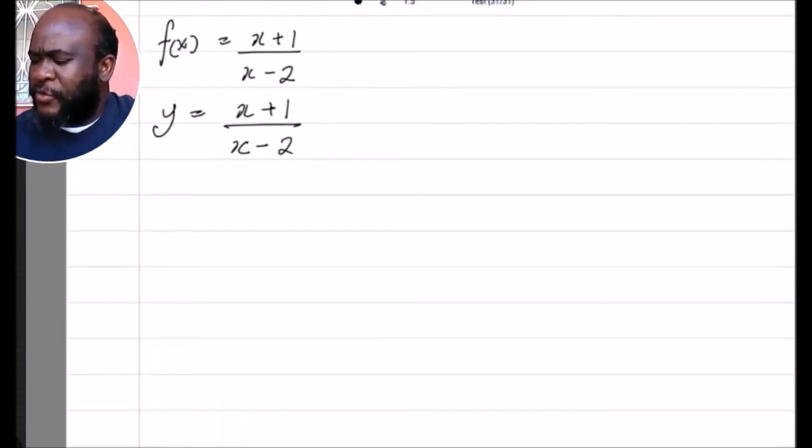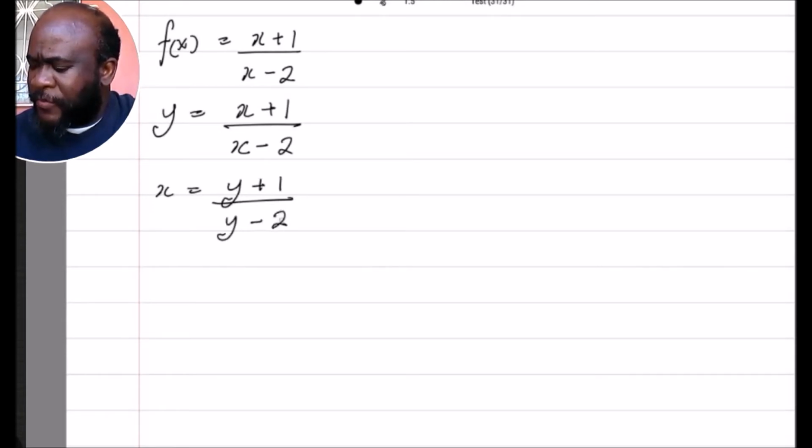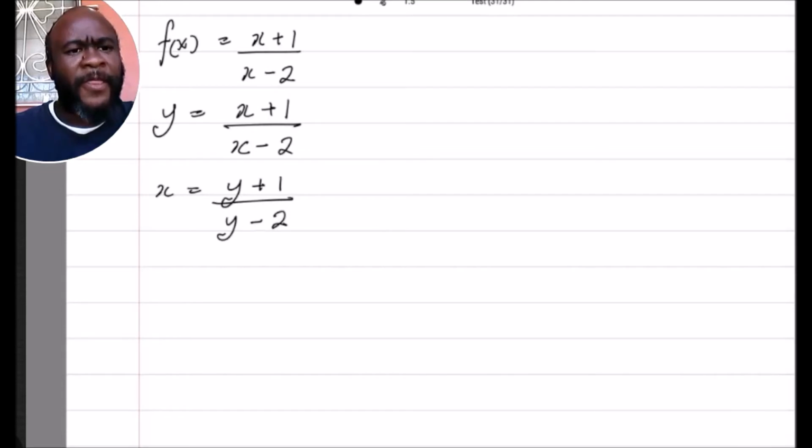Alright. Step 2, interchange x and y. Wherever I see x, put y. Wherever I see y, put x. So I'm going to have x is equal to y plus 1 over y minus 2. Step 3 is to make y the subject.